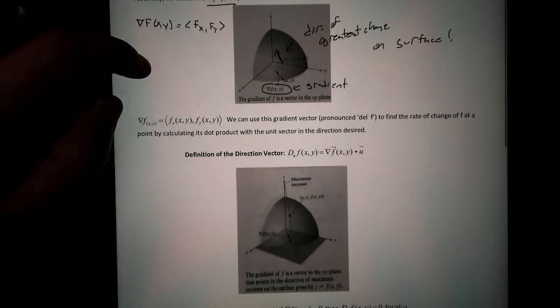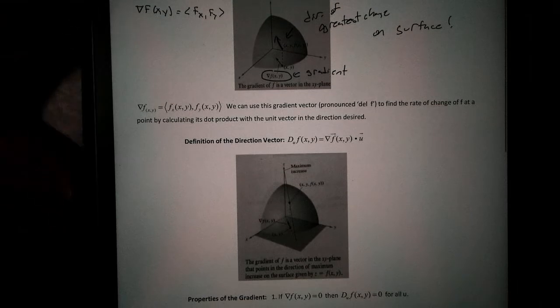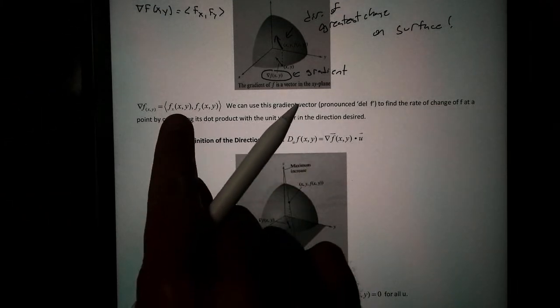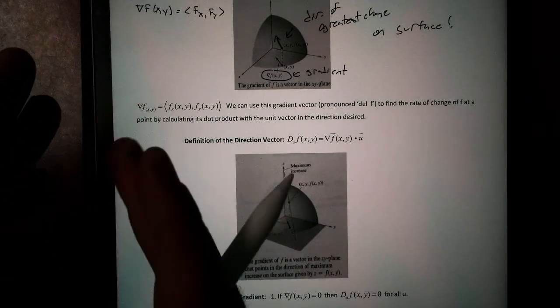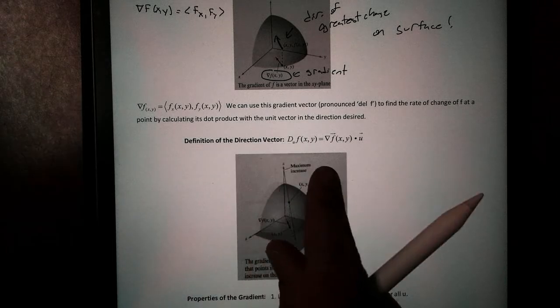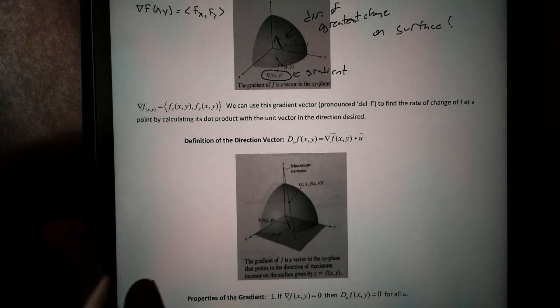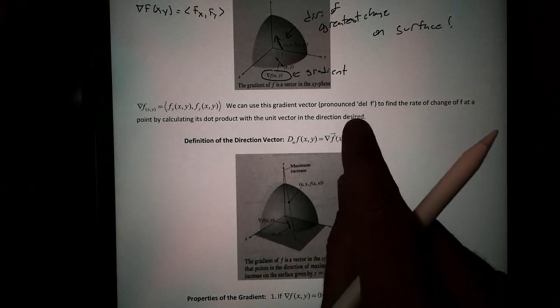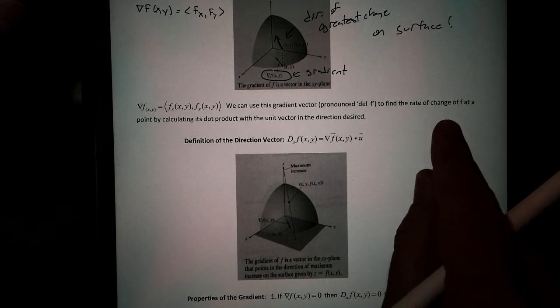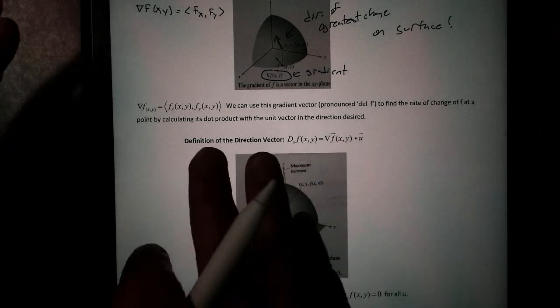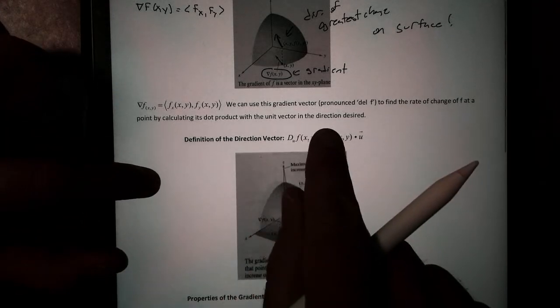So again, let's just revisit this. Del f is the list of the partials of our function. We can use this gradient vector. It's a vector. It's also an operator. We're going to talk about that a little bit more too. We use del f to find the rate of change of f by calculating its dot product with the unit vector.